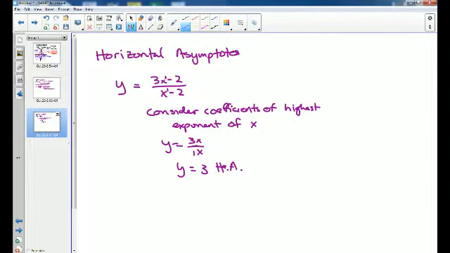The highest exponent in the denominator, what's the coefficient? So it's the coefficient over the exponent. Yes, this works every time. And so what if it was x squared on the top?